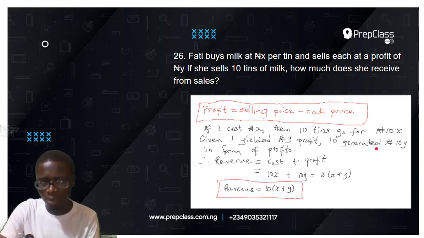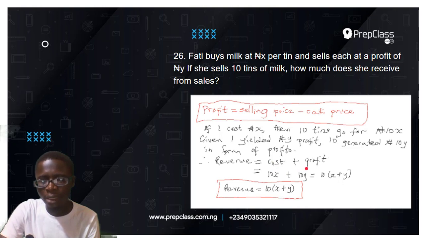10Y naira profit. So, remember, revenue, which is the same thing as selling price, will be the cost plus the profit. So how much does it cost her to buy 10 of them? For one is X, so for the 10 it is going to be 10X.